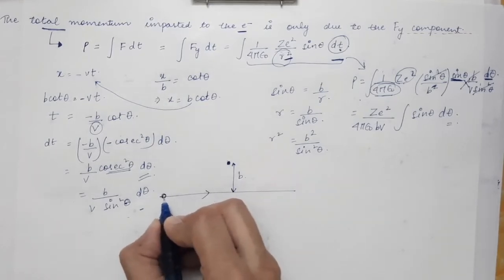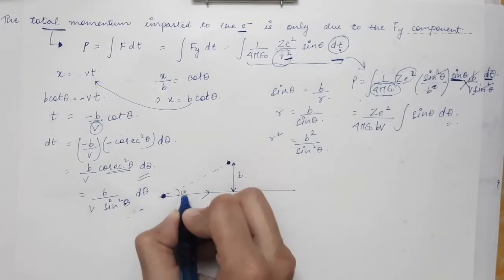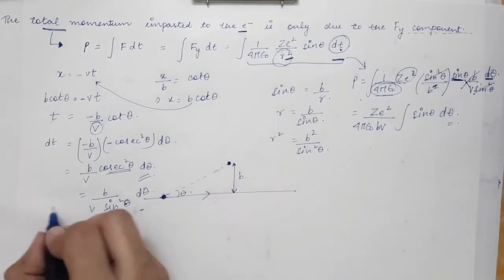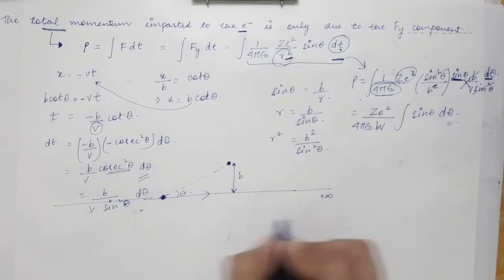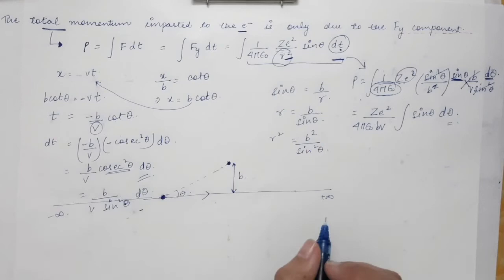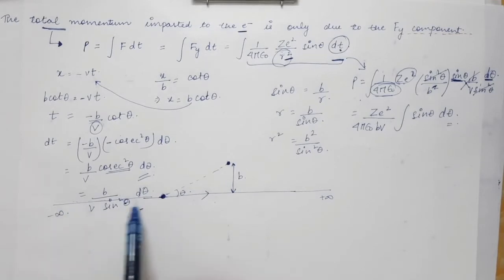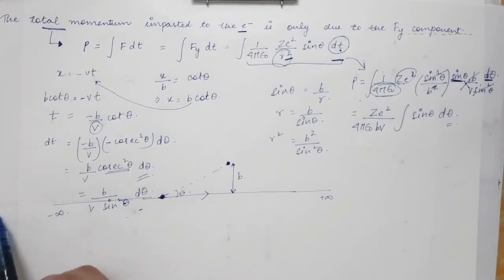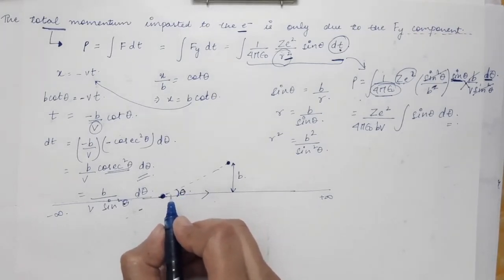So this is the heavy charged particle, and the angle theta was this one. The heavy charged particle will come from minus infinity towards plus infinity. Let's suppose when the heavy charged particle is very far away, at minus infinity, what will be the theta angle?